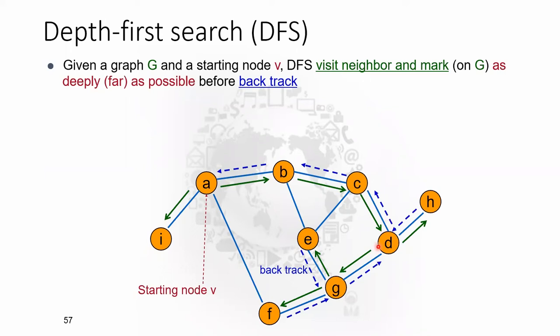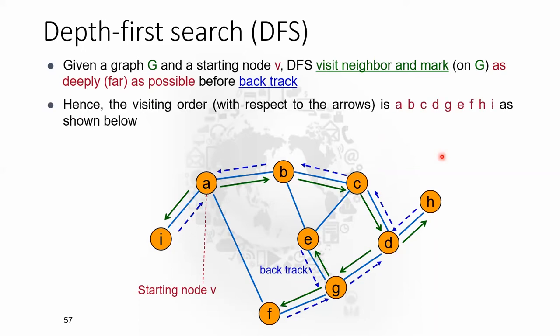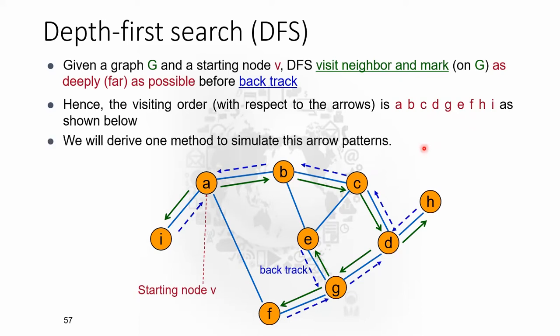Like in the case of D, you backtrack and check C and H. H has not been traveled before, so I go to H. It keeps backtracking until all the nodes have been visited. So the visiting order will be A, B, C, D, G, E, F, H, and I, as shown.